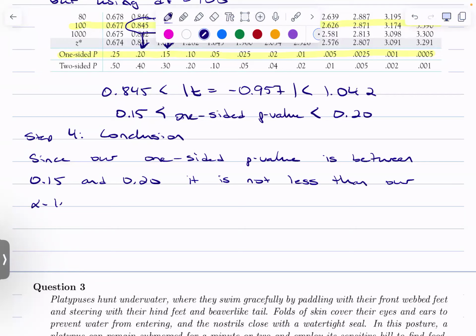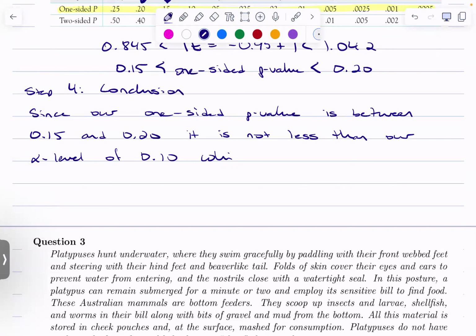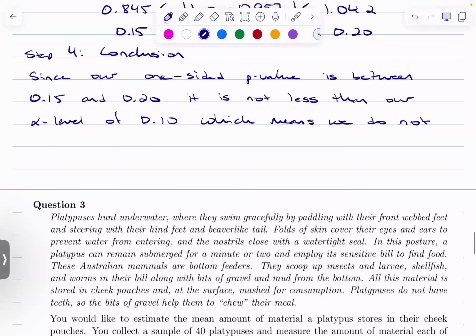Our alpha level of 0.10, which means we do not have enough evidence to reject H naught. Do not have enough evidence to reject H naught.